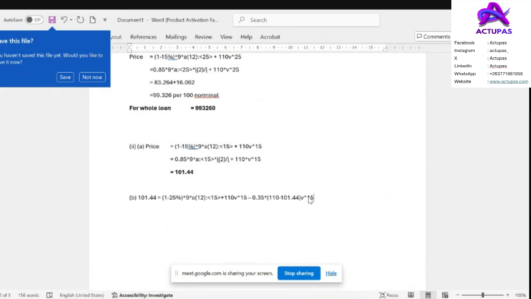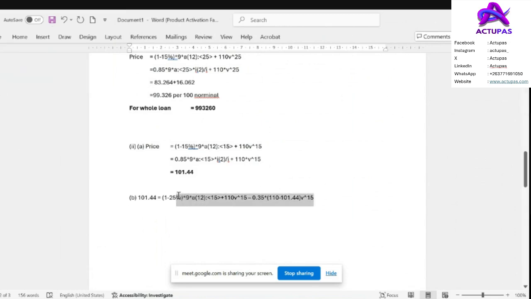So we can try out i of 7%. So in this whole equation, if you try an i of 7%, we can get all this from the tables.